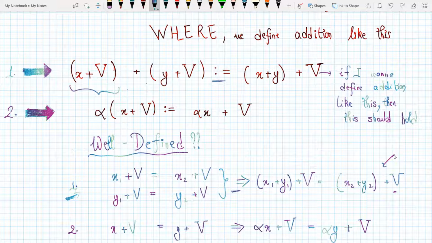If I want to define addition like this, then this should hold, else addition is not well defined.